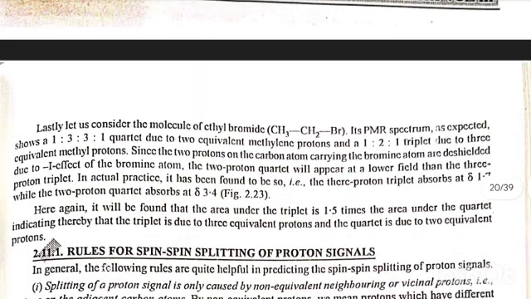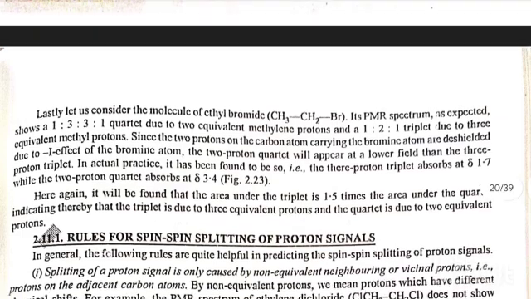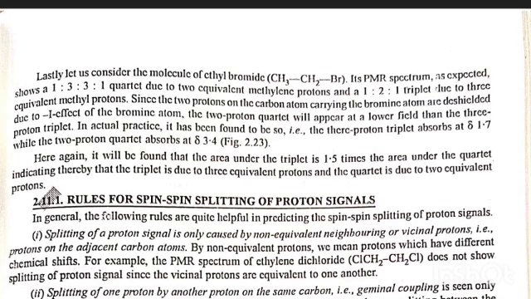Lastly, let us consider the molecule of ethyl bromide. Its PMR spectrum, as expected, shows a 1:3:3:1 quartet due to 2 equivalent methylene protons and a 1:2:1 triplet due to 3 equivalent methyl protons. Since the 2 protons on the carbon atom carrying the bromine atom are deshielded due to the -I effect of the bromine atom, the 2 proton quartet will appear at a lower field than the 3 proton triplet.